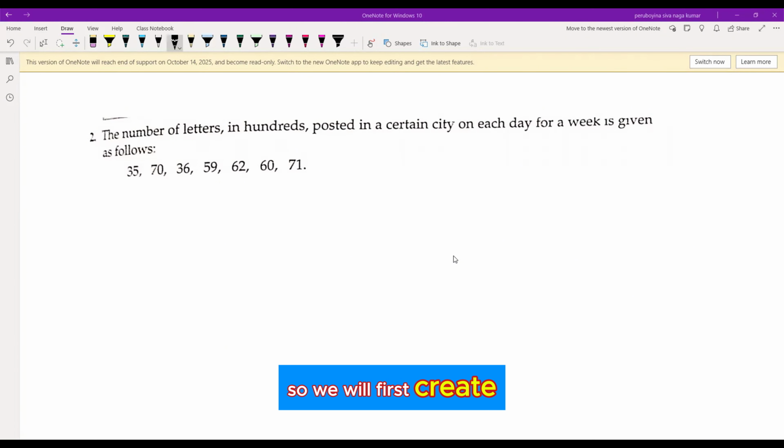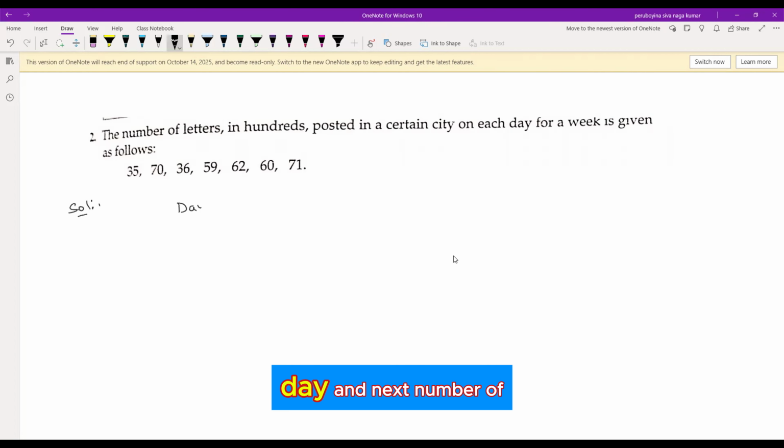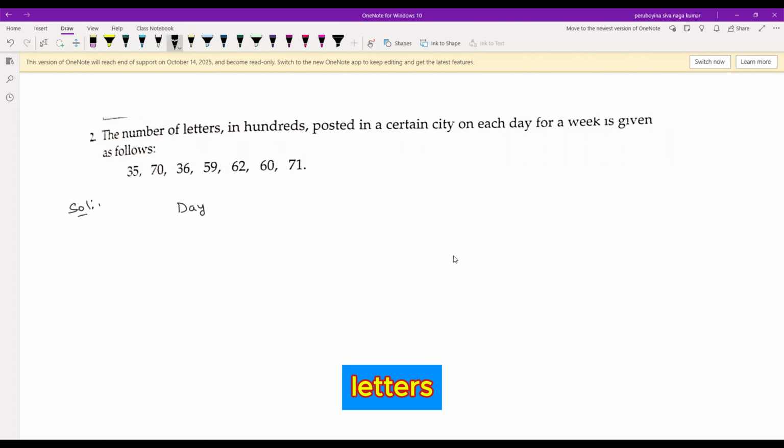So we will first create a table for this. Let's do that. First column will be day, and next number of letters in hundreds.